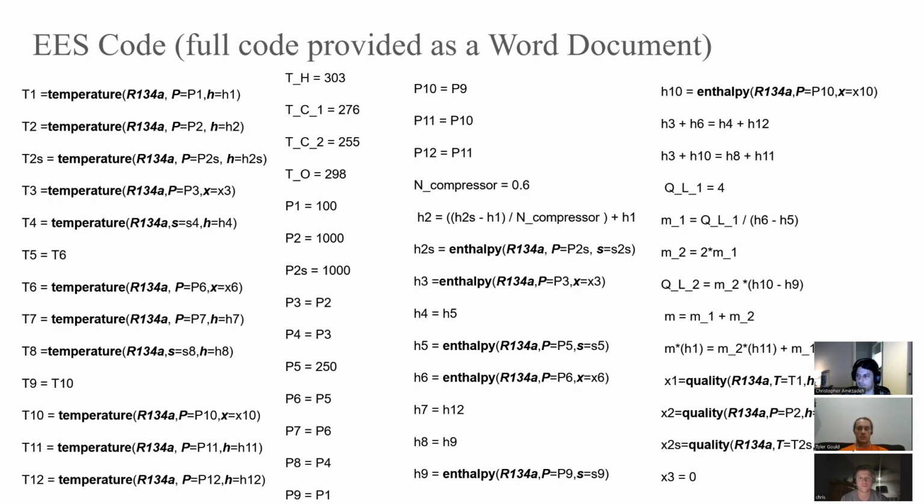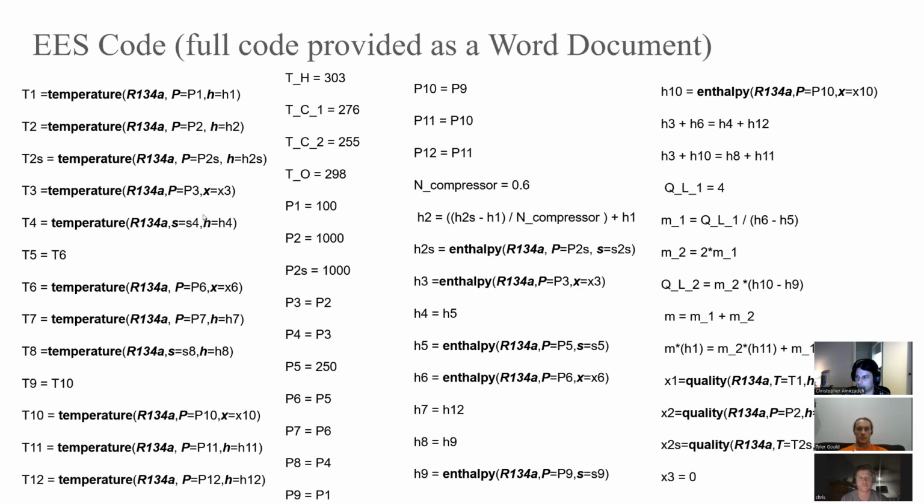So one example here is that we use the pressures that were established plus the knowledge of the quality of the states out of the condenser and the evaporators to identify all of the other properties at states 3, 6, and 10.